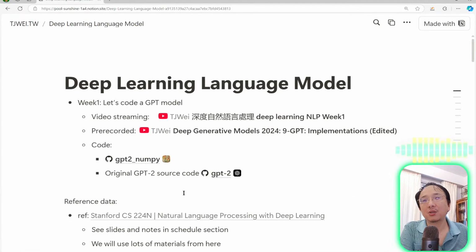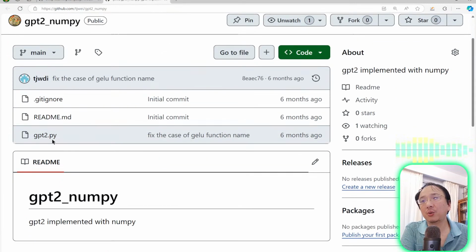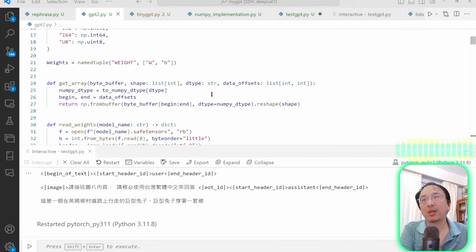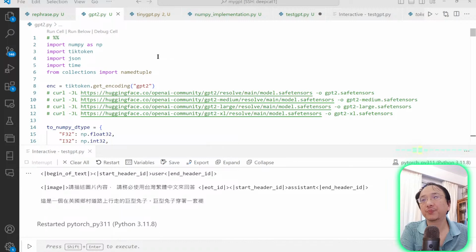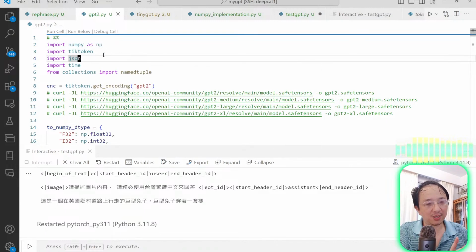Okay, so this is a repo for the code I'm going to use, the gp2.py, this one. I'm going to explain how this code works. First of all, I'm not going to implement the tokenizer. I'm using a pre-written tokenizer, tiktoken, because we're not focusing on the tokenizer, and it is a bit difficult to write because it uses some regular expressions.